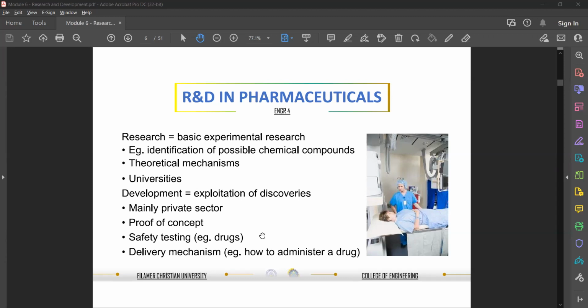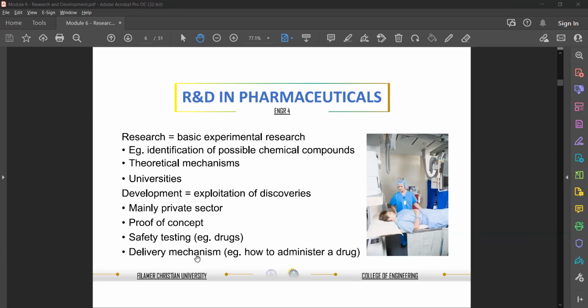Ilan yung mga willing na mag-participate. Because without this research and development, wala tayong madidiscover, wala tayong magagawa na bagong vaccine to cure that certain disease.